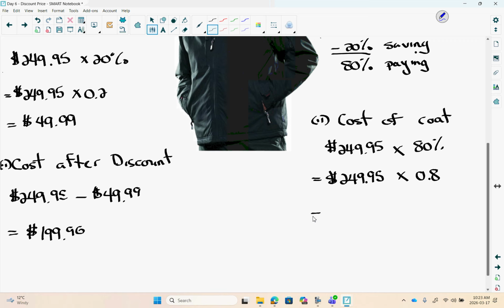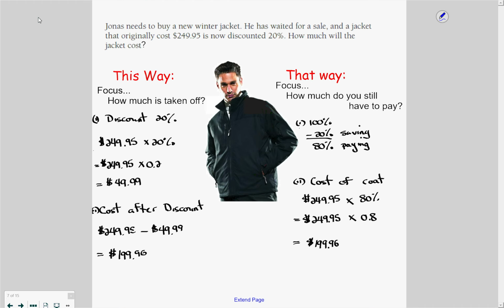$199.96. $249.95 times 0.8, which is 80% as a decimal. That's the 199.96. Cool. This way might be quicker.